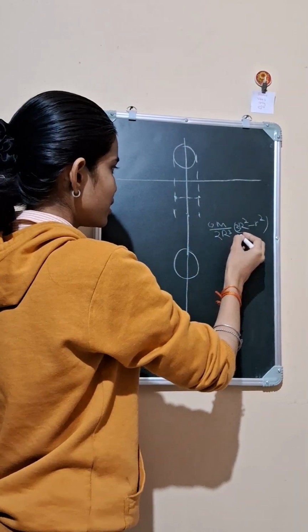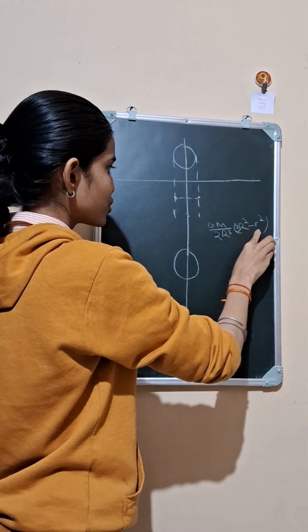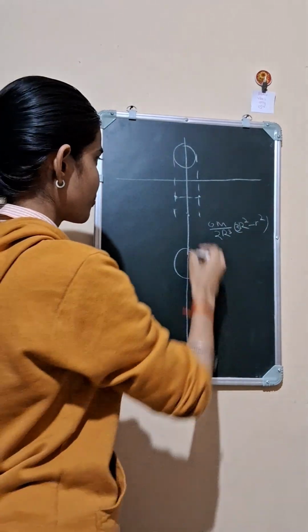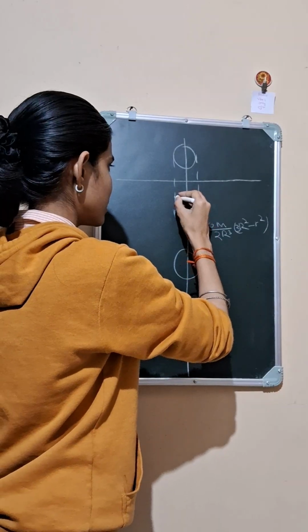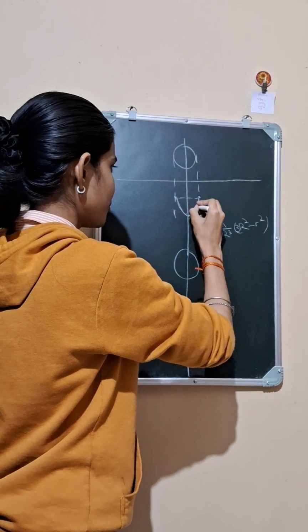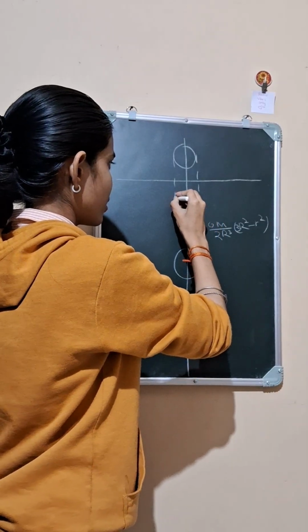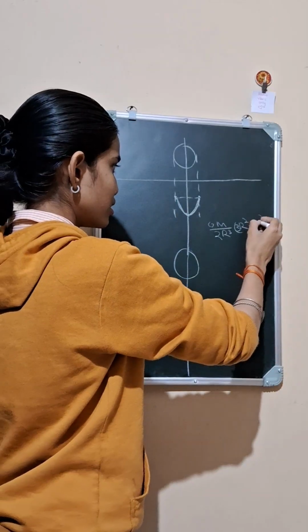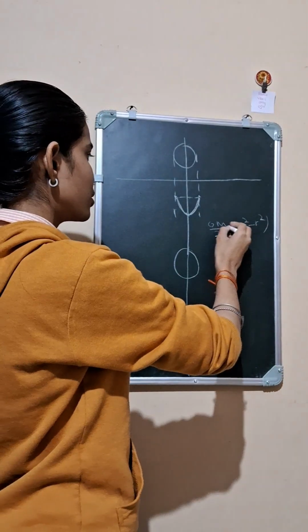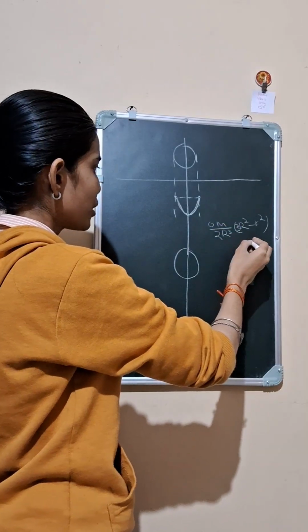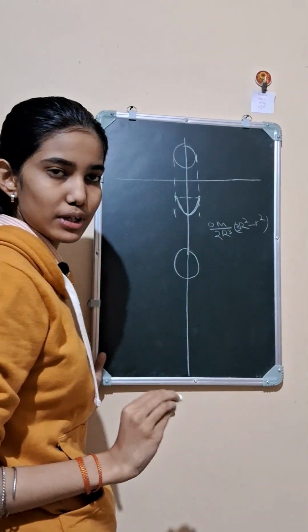So inside it will decrease with the increase in distance and has the maximum value at the center. If I put small r equal to 0, then it will look something like 3GM by 2R, right?